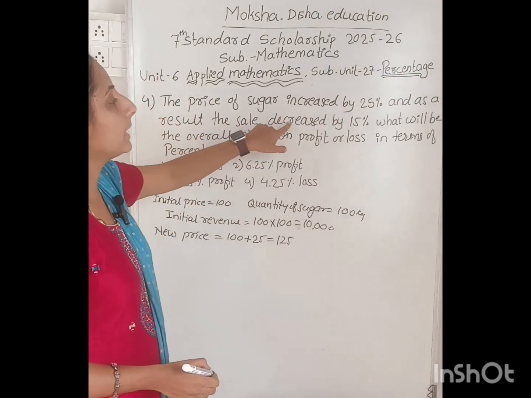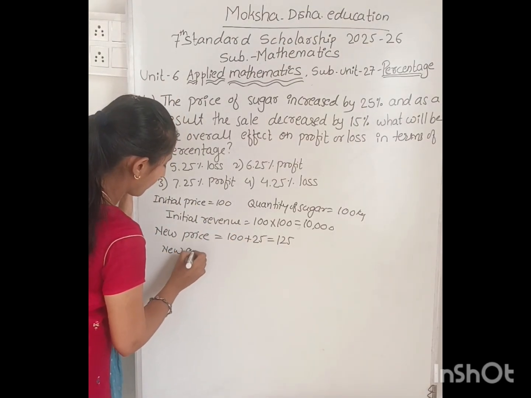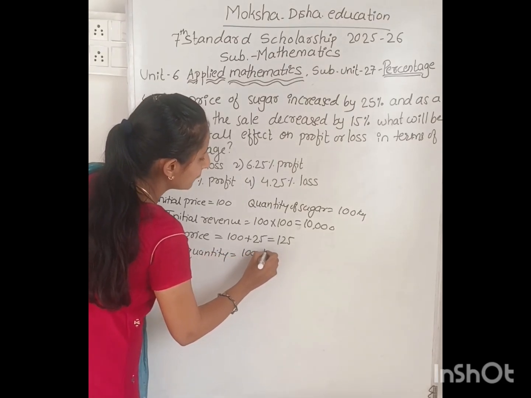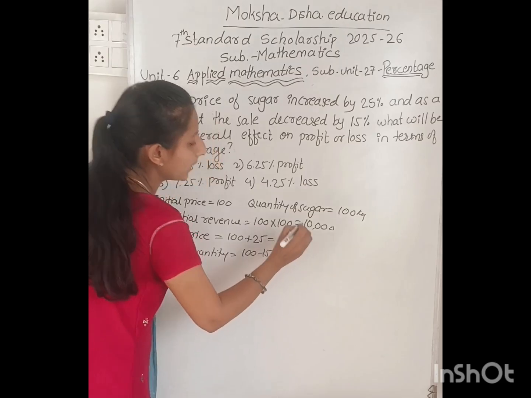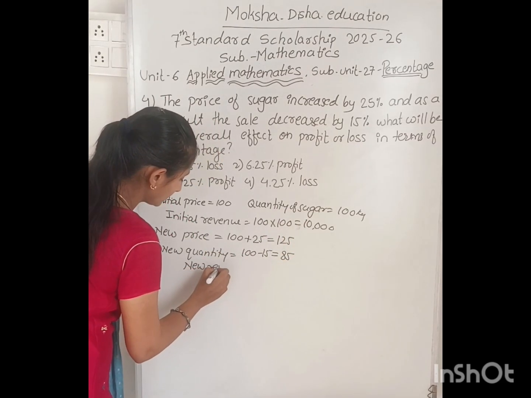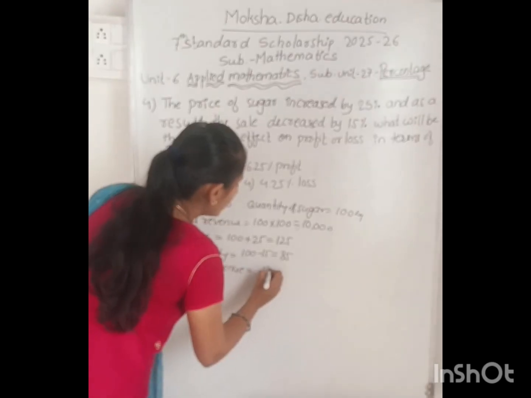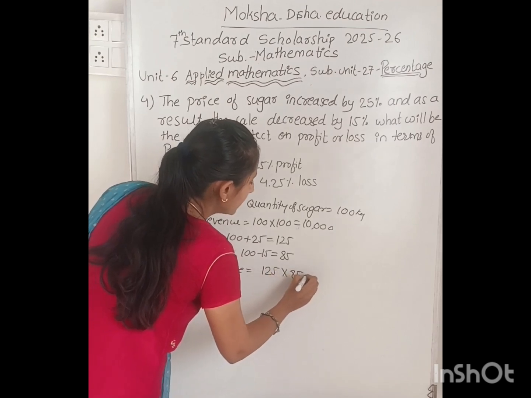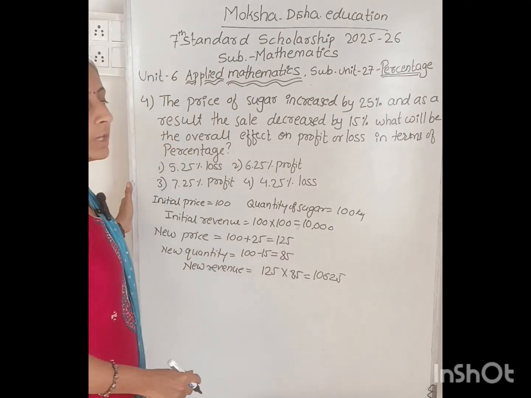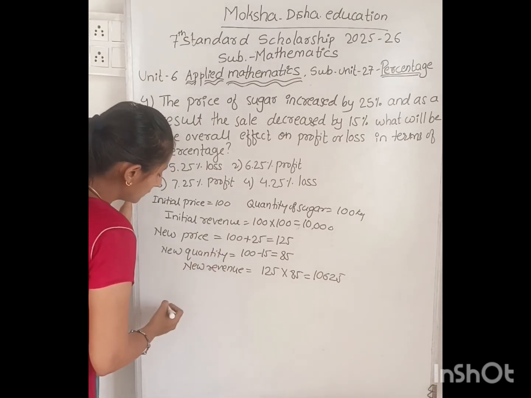As a result, the sale decreased by 15%, means the new quantity is 100 minus 15 equals 85, and the new revenue is equals to 125 into 85 is equals to 10,625.